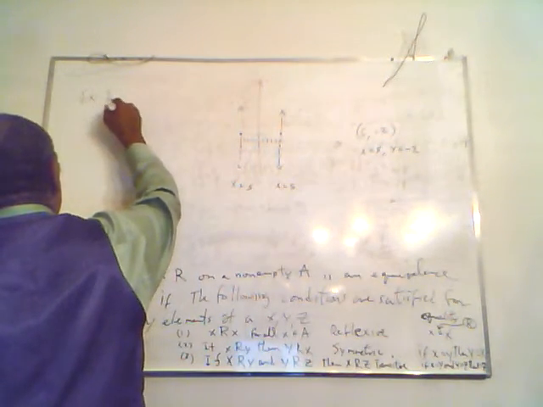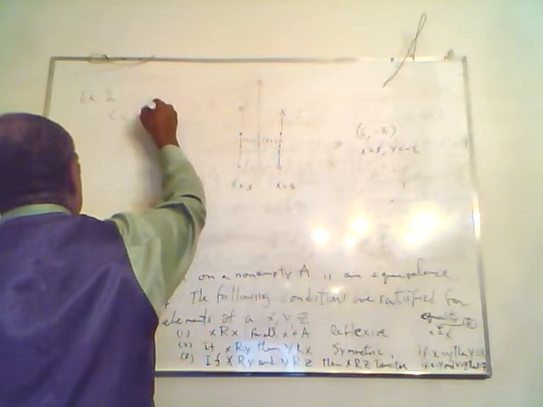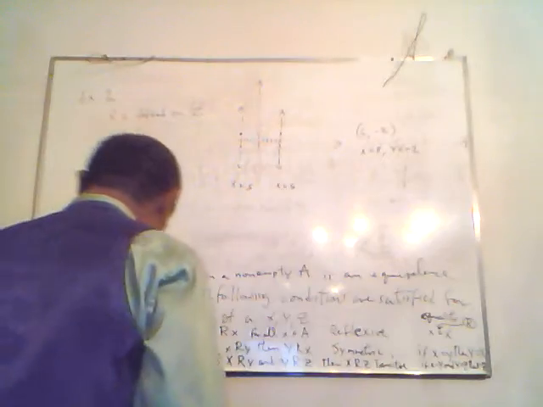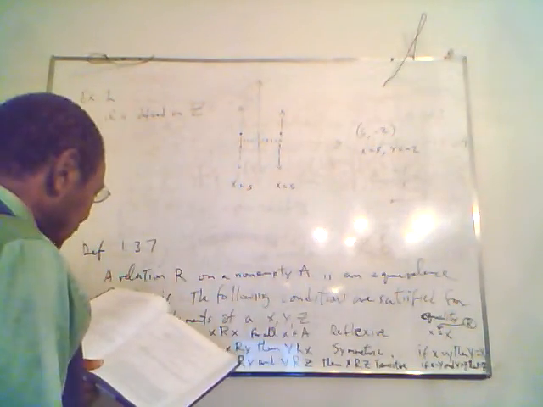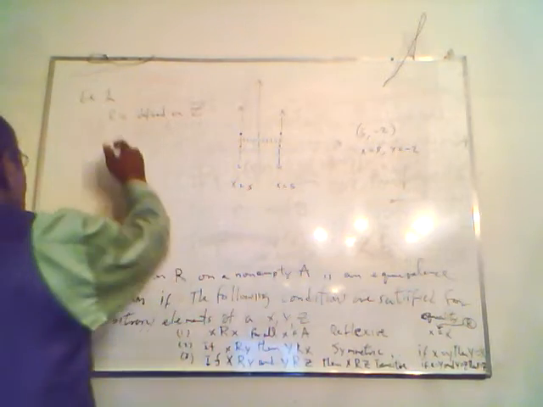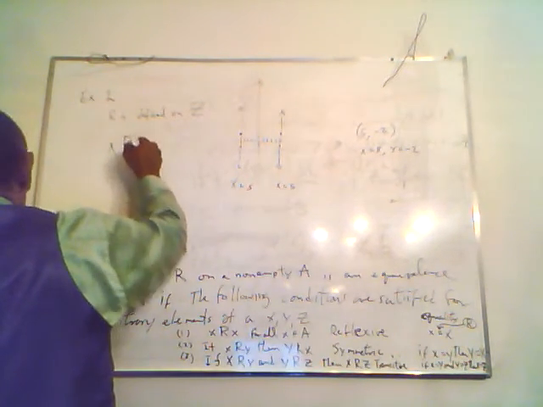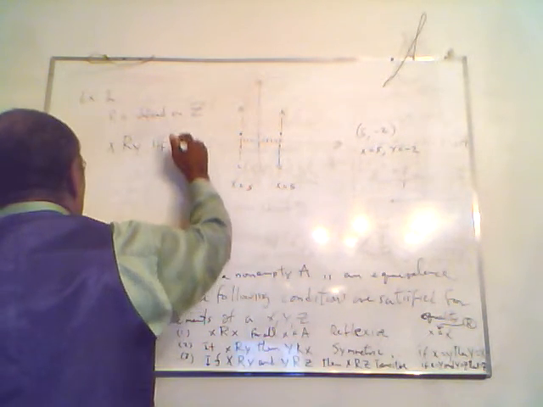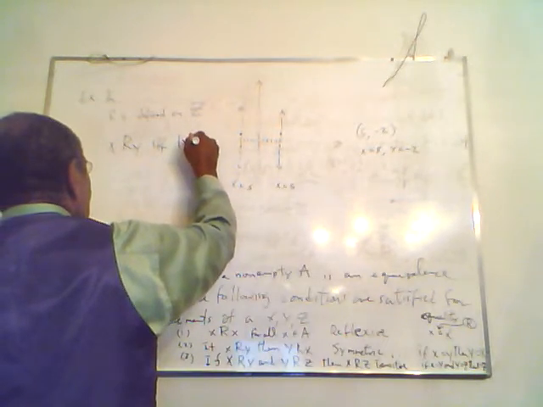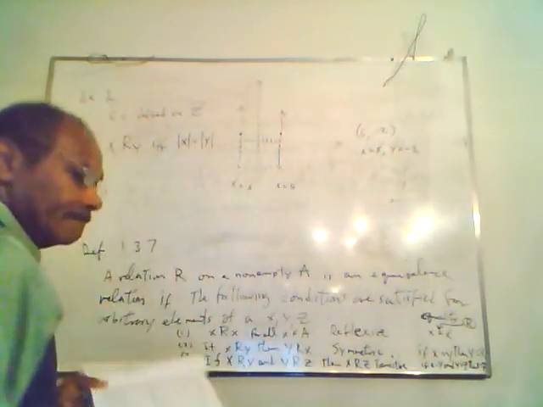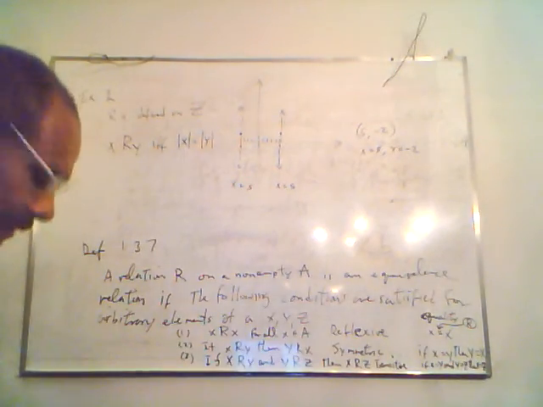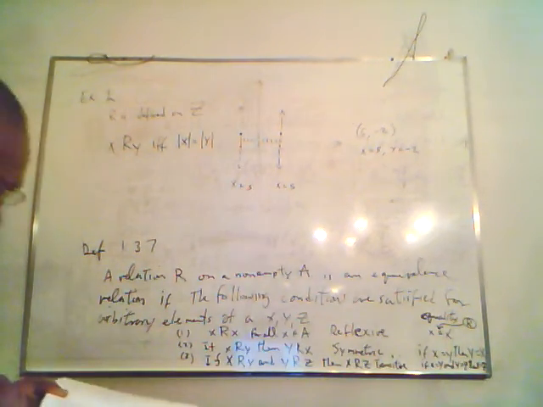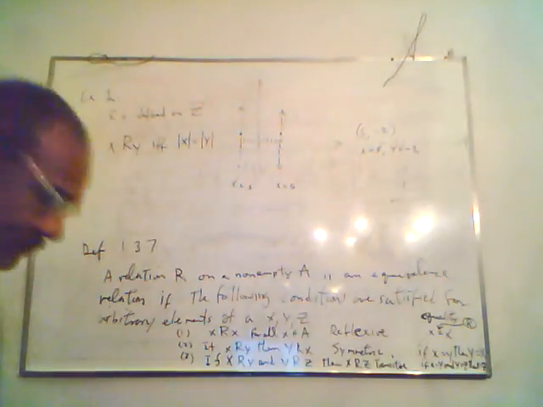So we have a relation R, and it's defined on the set of integers, which we represent by Z. It's defined by X relation Y if and only if, IFF for short, the absolute value of X is equal to the absolute value of Y. That equation really defines the relation that we have between the numbers.